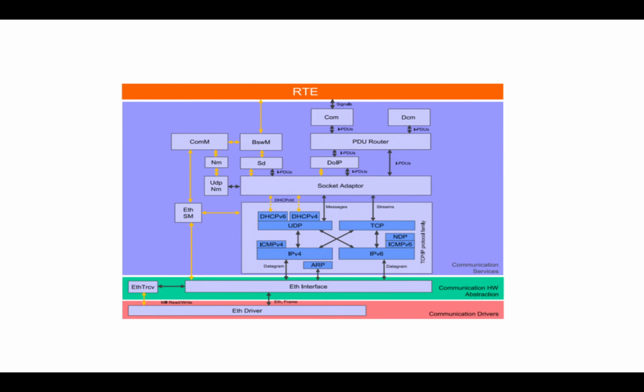Then DoIP. This is something related to diagnostics. Of course we will make another video for this DoIP, but to tell roughly, in the DoIP specific interface, the DoIP channels need to be configured.